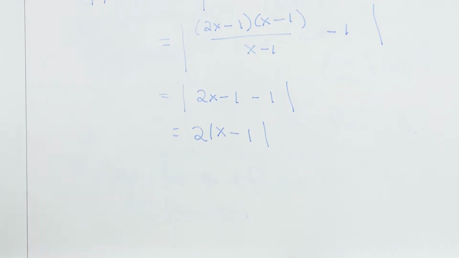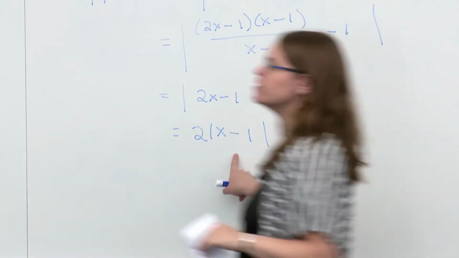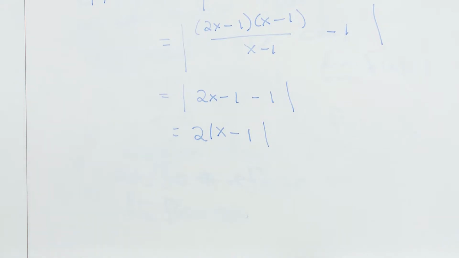OK, so I've got it simplified. And I've got it simplified to the point where I can see clearly this factor of x minus x naught. My x naught was 1 here. So this is the step where I say, can I make this less than epsilon, and how do I do it?